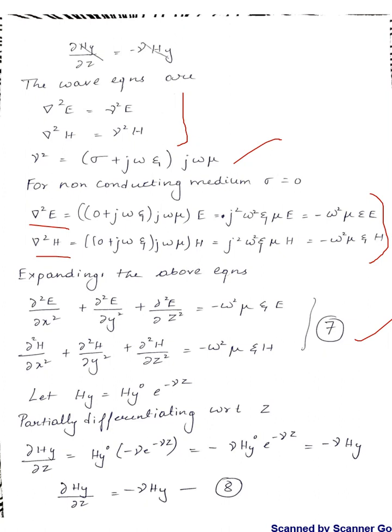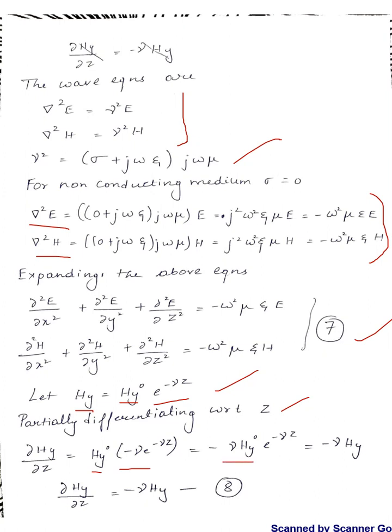So in this video, I'm going to assume that Hy is equal to Hy naught e power minus gamma z. Partially differentiating the above equation with respect to z, Hy will become dou Hy by dou z, and Hy naught is nothing but constant, so I'm writing it as it is. And e power minus gamma z, partially differentiated with respect to z, I'll be getting minus gamma e power minus gamma z.